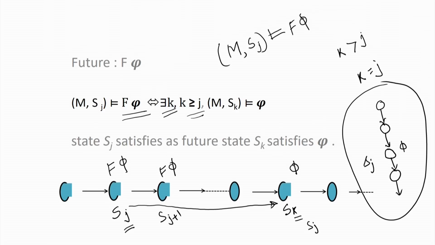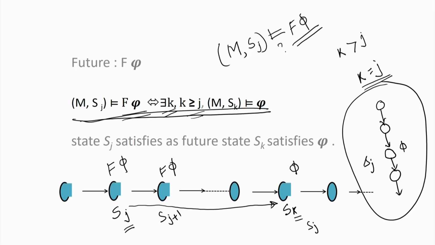Now, what is your view in this particular case? Whether this state S j models F phi, or whether F phi is true in this particular state. So, if I look into the formal definition, then you will find that since here I am saying that k is greater than or equal to j, that means I am coming to this particular scenario, that in the state j itself phi holds or phi is true, then I can say that in the state S j F phi is also true.